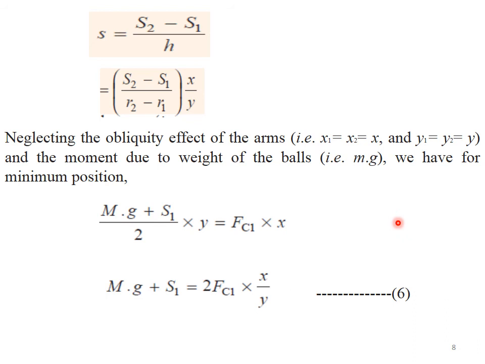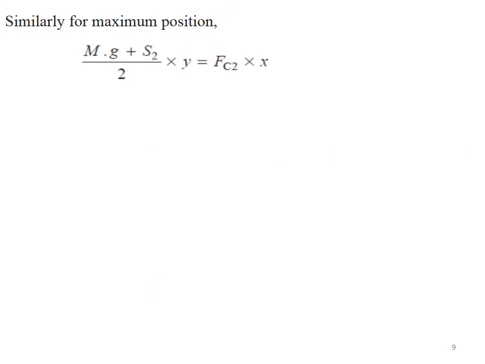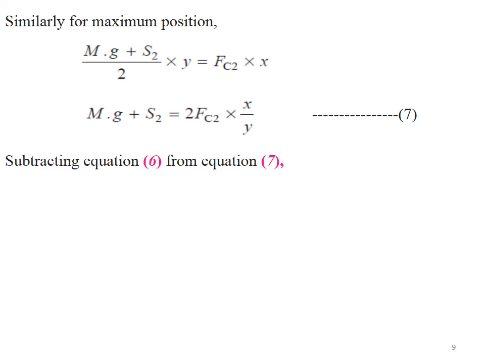So this is your equation number 6. Similarly, for maximum position, mg plus s2 divided by 2 into y is equal to fc2 into x. After rearranging, mg plus s2 is equal to 2 into fc2 into x by y. So this is your equation number 7.